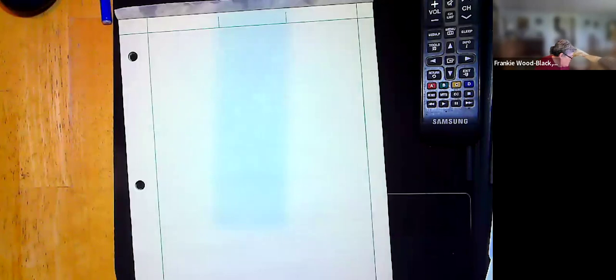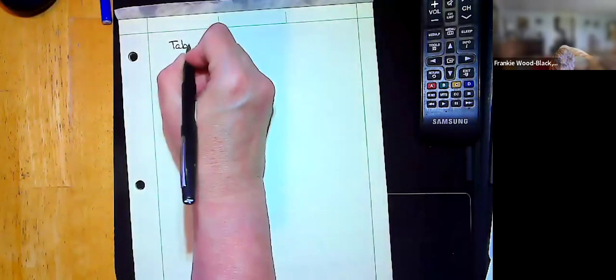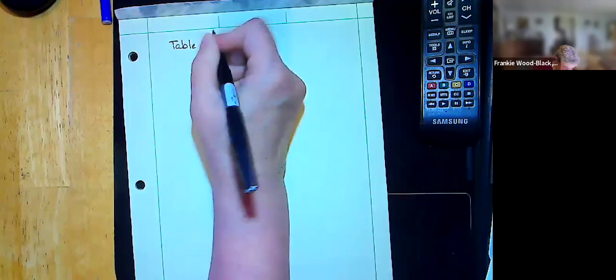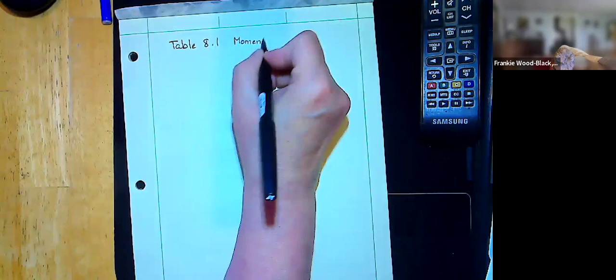We'll do a recap on that here in just a minute. We're going to do one more thing. Again, table 8.2 or table 8.1 has different moments of inertia for different objects.